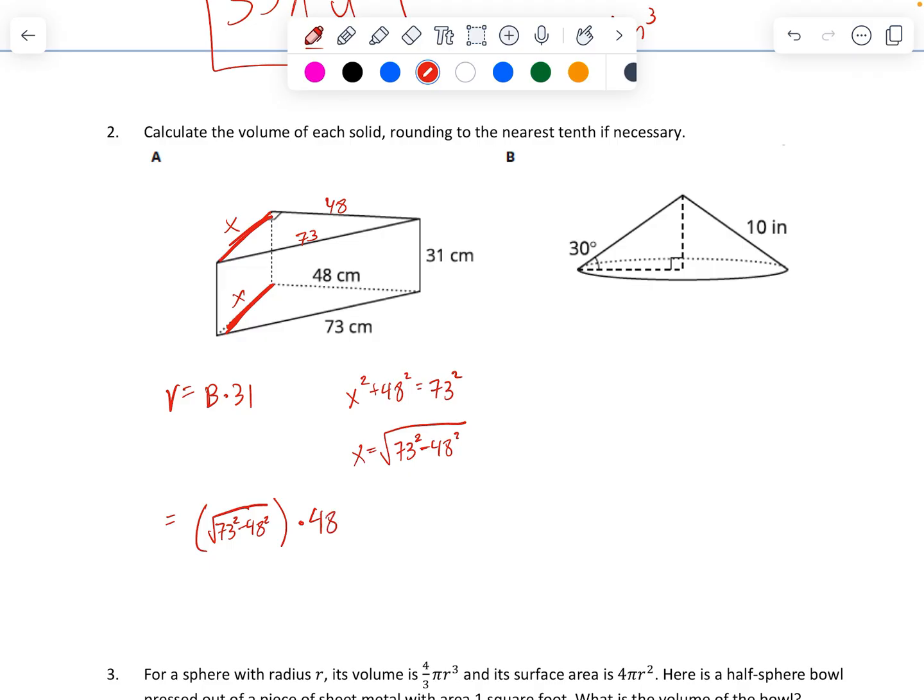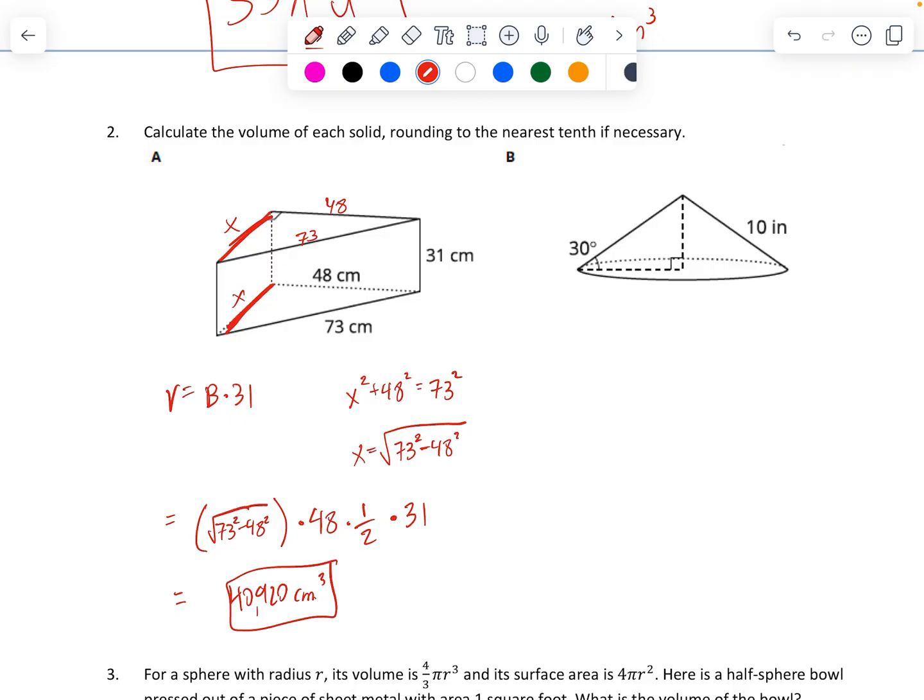Okay, so multiply by 1/2 because it's a triangle. So the area of base is 1/2 base times height. Multiply that by 31. When you do that, you're going to get an answer of 40,920 centimeters cubed is your final answer.